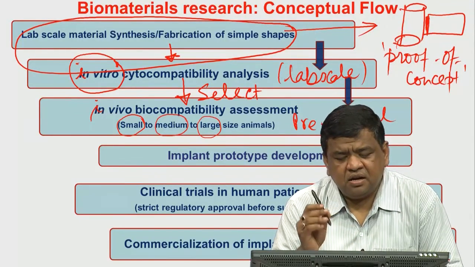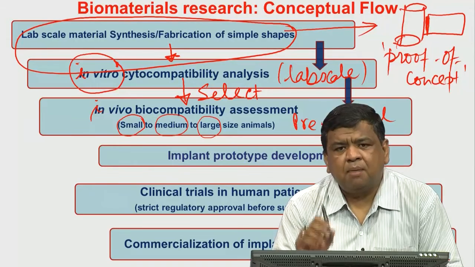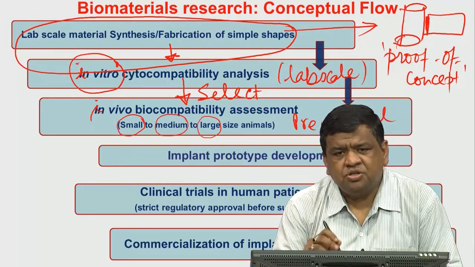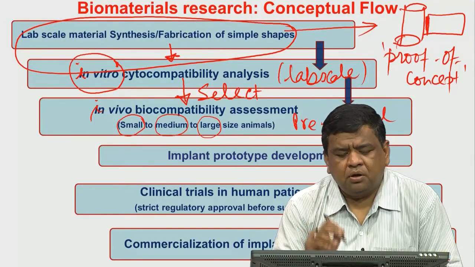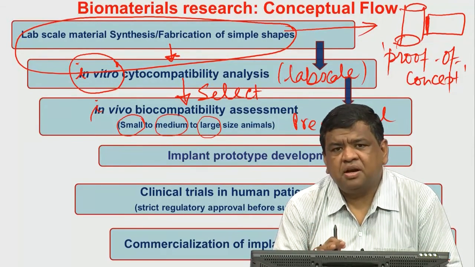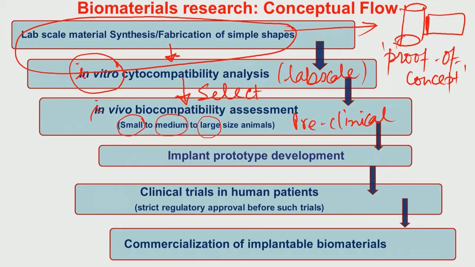So, here animal ethical committee approval is a must, and each institution wherever in this world wants to carry out animal testing must have an institutional animal ethical committee, which has members from different disciplines as well as a socially conscious person as well as a person who is remotely linked to this study.